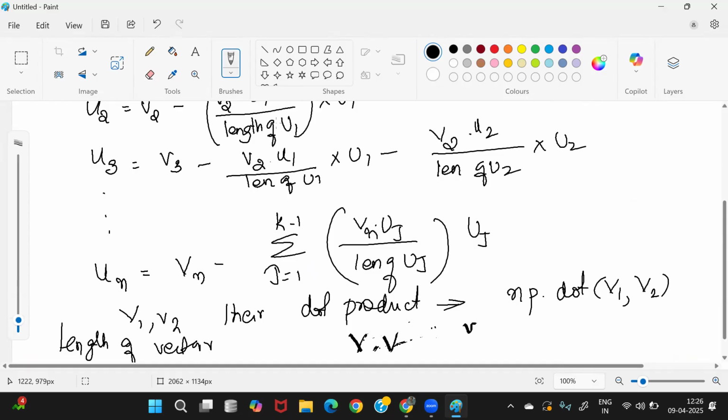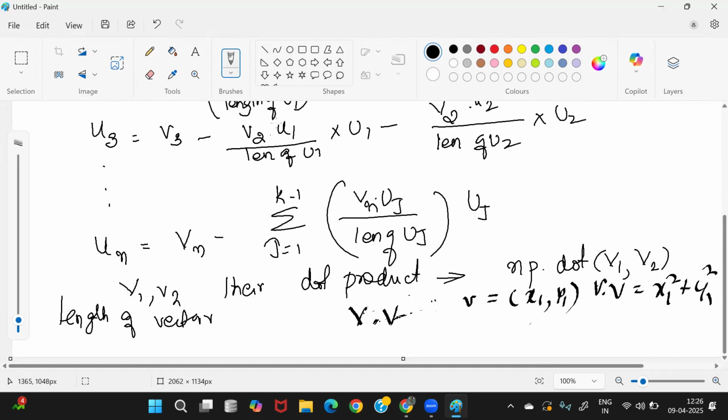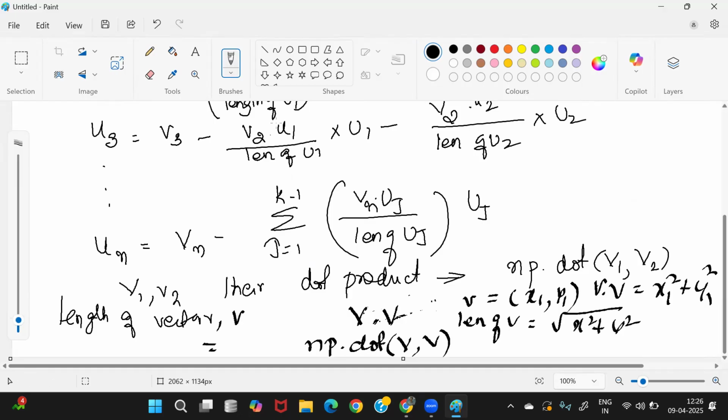Suppose the vector v is x1, y1; the dot product of the vector with itself is x1 square plus y1 square. Length is the square root of it. So the length of vector v is the dot product of the vector with itself, and its square root.